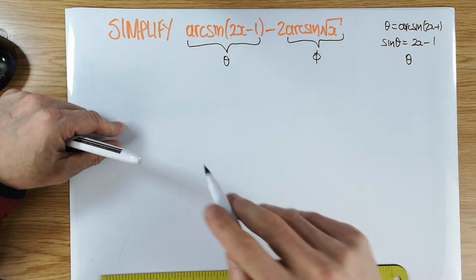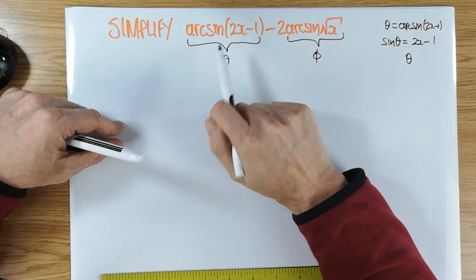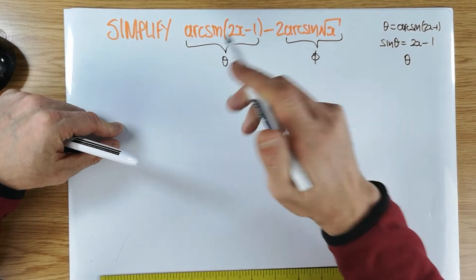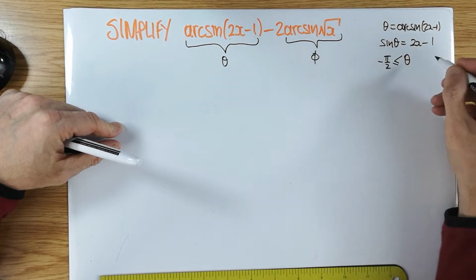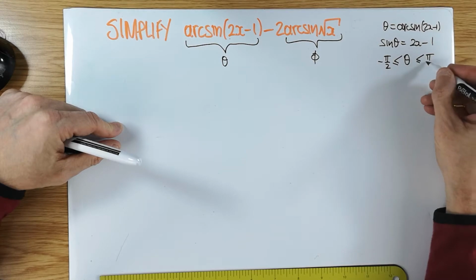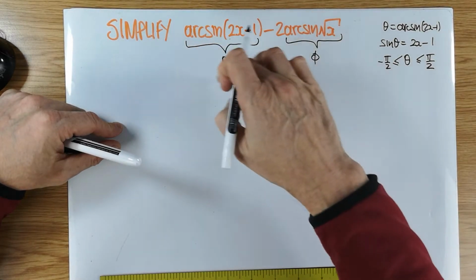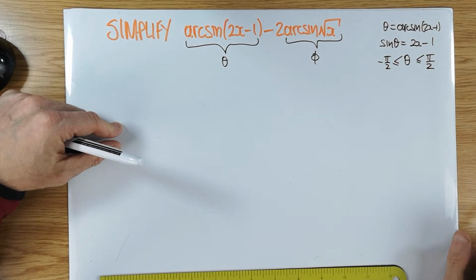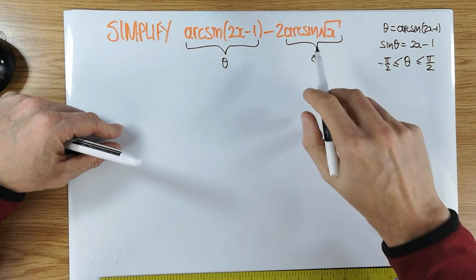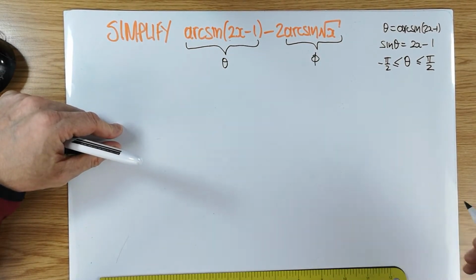What values can theta take if we have the arcsine of 2x minus 1? We can only get answers between minus pi over 2 and pi over 2. So these are some of the facts about the inverse trig function, the arcsine.